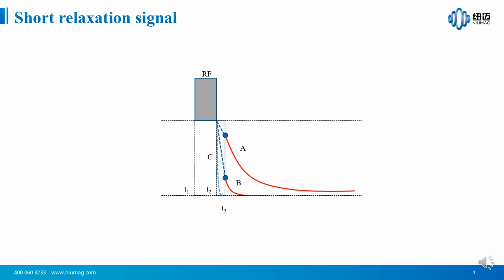So this type of sample cannot be tested. Here we have looked at the comparison of the three samples. For signals with shorter relaxation, the dead time is very critical. If the dead time is longer, we may lose important information and even cannot test the sample.